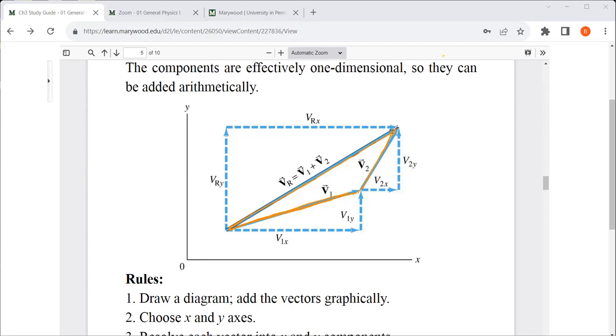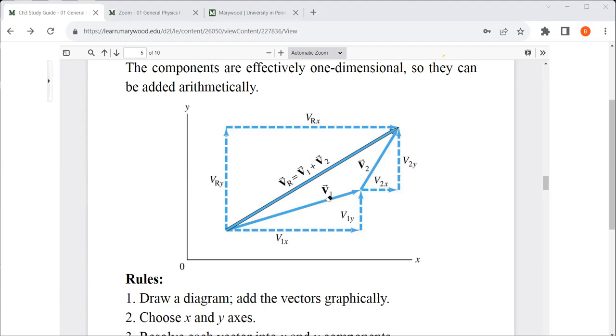Now how to use the analytical method here? To use the analytical method, the first thing you have to do is break v1 into its components and v2 into its components. So after we have a graphical picture in our mind, the next thing we have to do is break the vectors into their components.